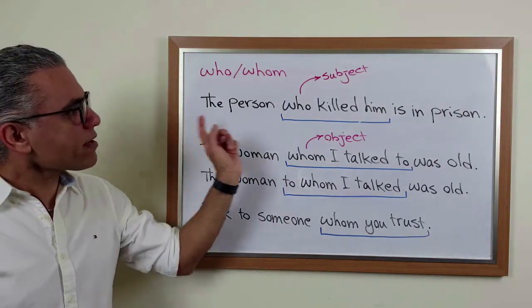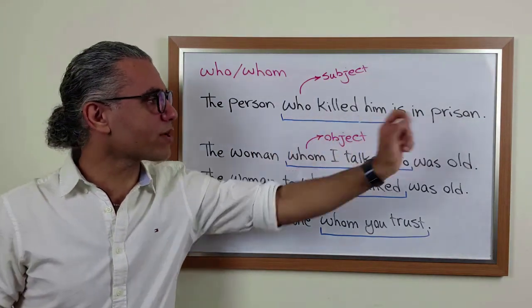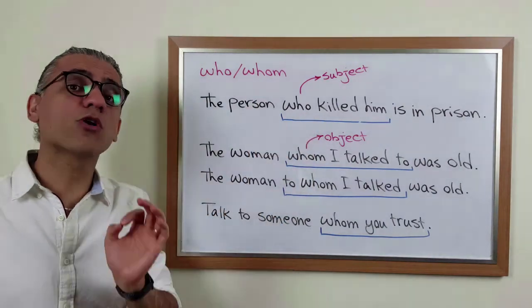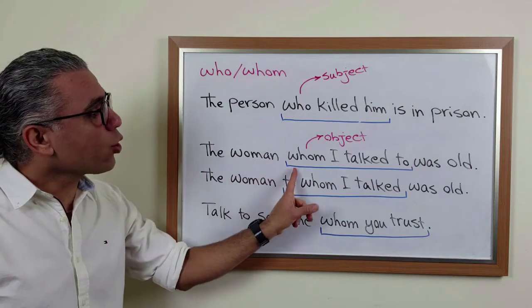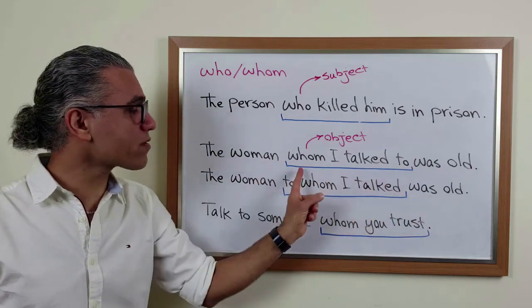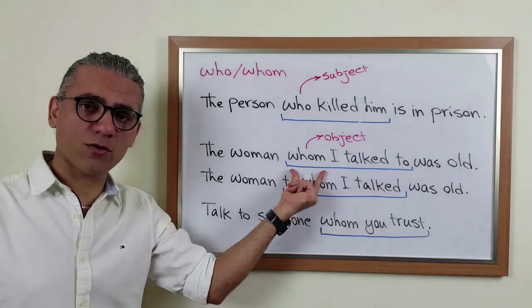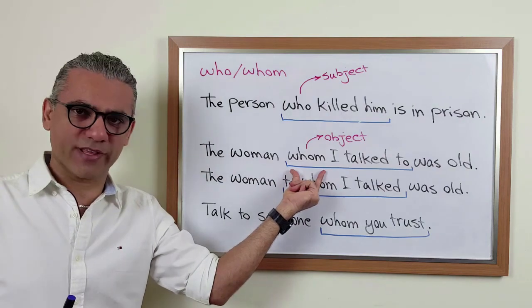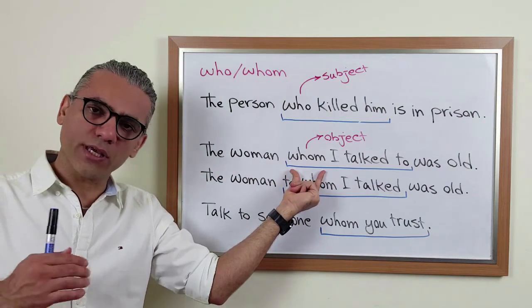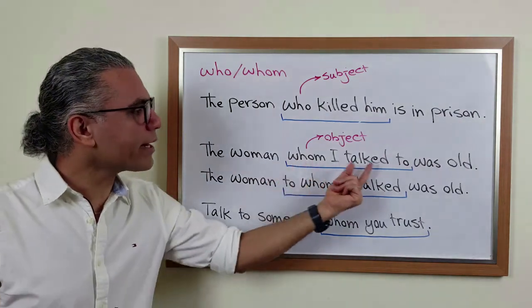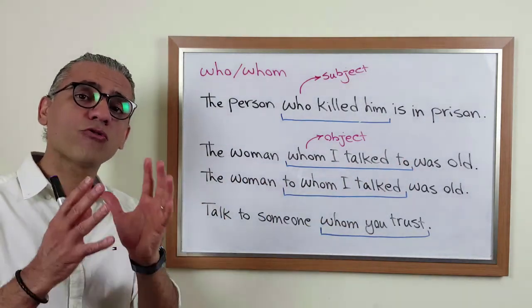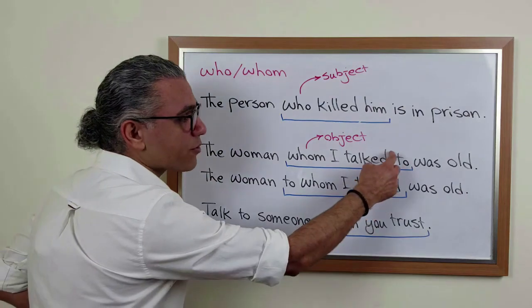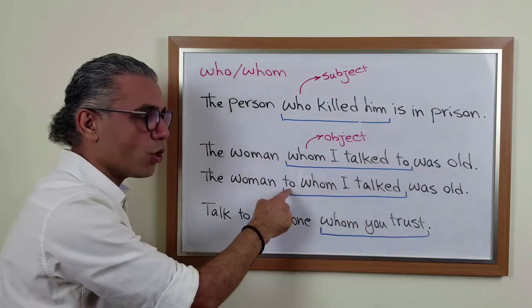So, the person who killed him is in prison. We use who and whom for persons only. The woman whom I talked to, because the woman or whom in this clause is the object of the sentence. That is why we can use whom. Whom I talked to was old. And again, if you want to make it even more formal, you can bring this preposition before whom.